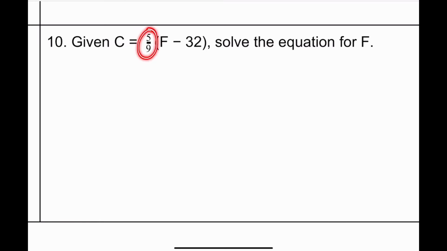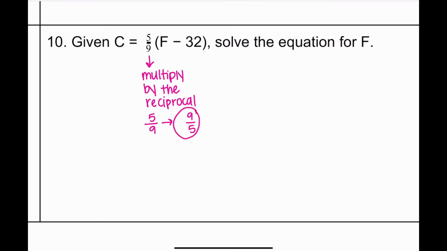To get rid of this 5 divided by 9, we can do what's called multiplying by the reciprocal. The reciprocal is the flipped version of that fraction. I'll show you why we do this in just a second.